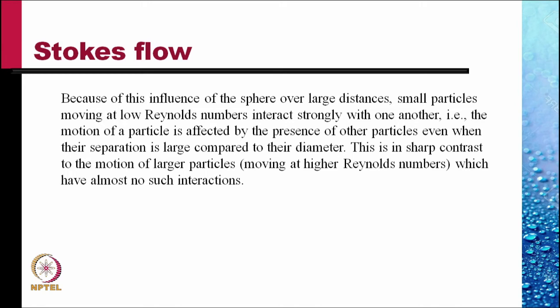That is, the motion of a particle is affected by the presence of other particles, even when their separation is large compared to their diameter. This also is in sharp contrast with the motion of larger particles moving at higher Reynolds number, which have almost no such interactions.